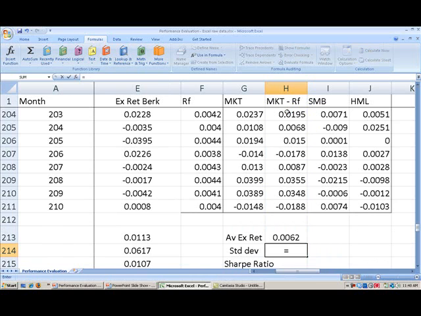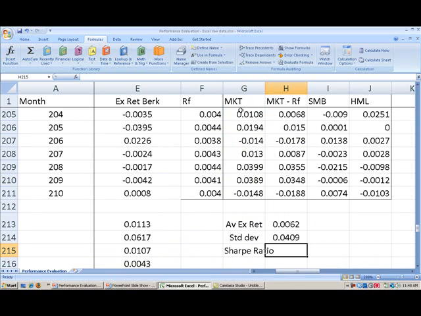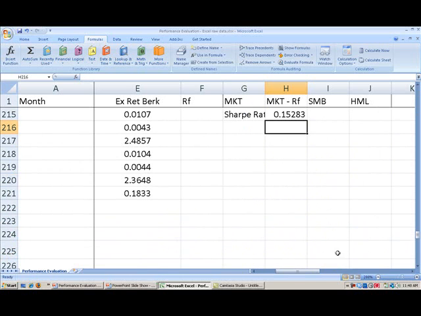The standard deviation of market returns is equal to the standard deviation, and then we select the market returns, the raw returns, which comes to 0.0409, and the Sharpe ratio is equal to the average excess returns divided by the standard deviation, which is 15% basically.